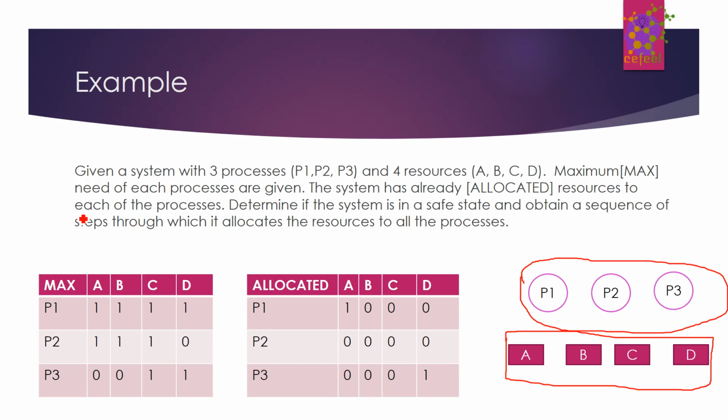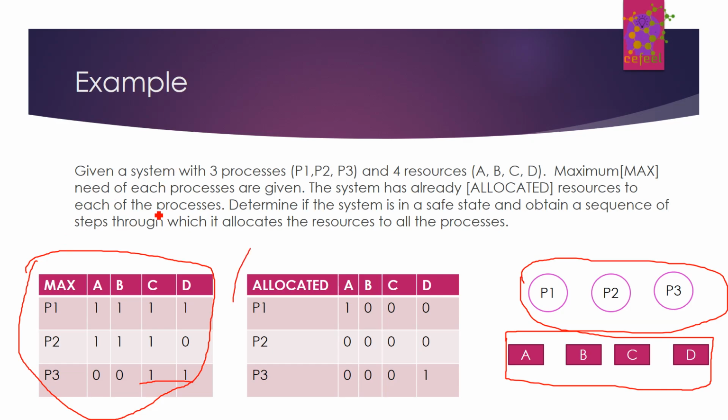So there is a max matrix, or the maximum need of each process is over here, which means process P1 needs A, B, C and D for its execution, all the 4. Process P2 needs A, B, C for its execution. P3 needs C and D for its execution over its lifetime, not at this moment.